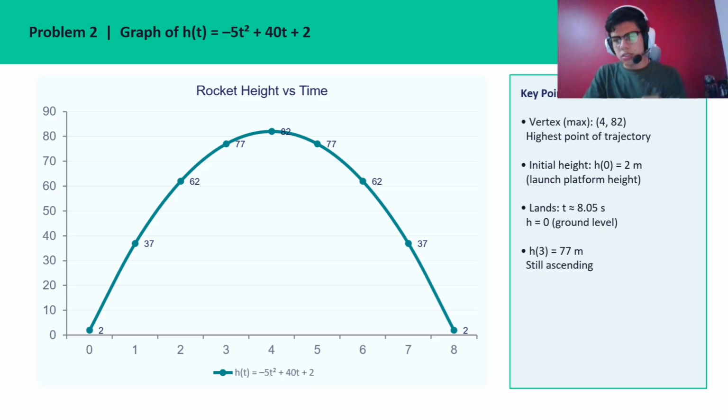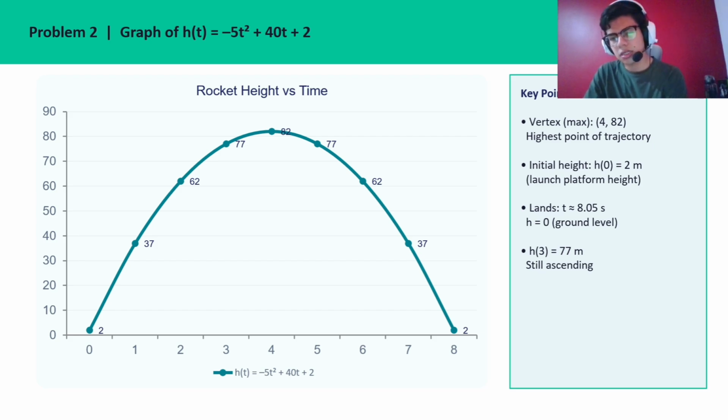So the key point, the vertex, max, is 4 and 82. Highest point of the trajectory. Initial height, h of 0 equals 2 meters. It lands at t equals 8.05 seconds, and h of 3 equals 77 meters.